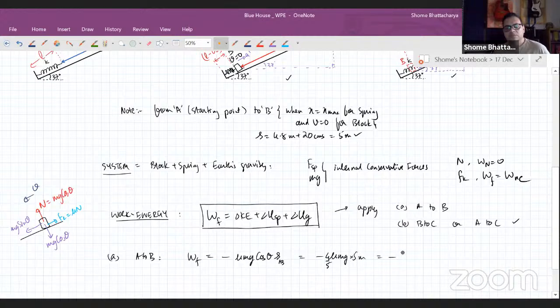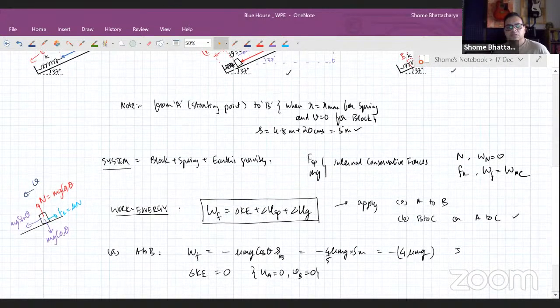So minus 4 times mu mg. Okay, where this 4 is in meters, so this is in joules. Change in kinetic energy will be 0 because u at A was 0 and v at B is again 0. It momentarily stops at the point B.